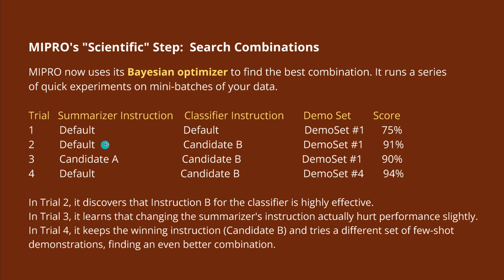Summarize instruction default, but now we take the classify instruction for candidate B, 91%. Now we switch around: the candidate summarizer instruction of A and the classifier instruction of candidate B, 90%. But look, if we have the summarizer default and the classifier instruction candidate B, then we get the best result.